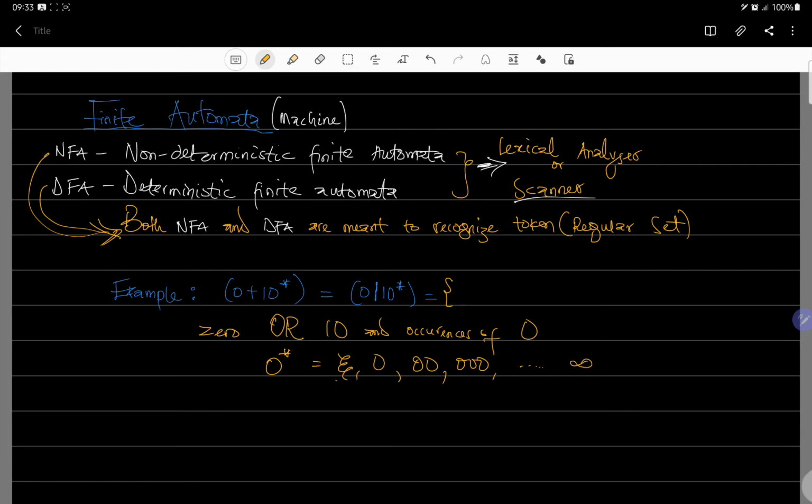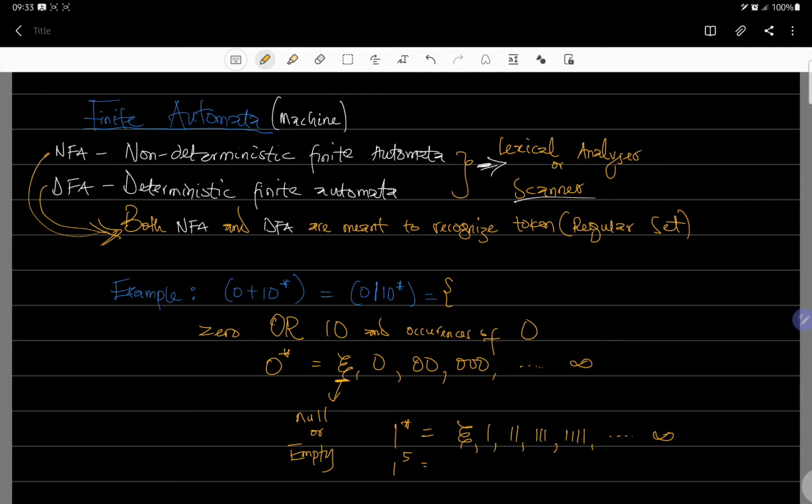So this is epsilon. Epsilon means null or empty. All right. So that's what asterisk means. Whenever you have asterisk, let's say 1 asterisk, it also means 1 might not occur at all, or 1 occurs once, or twice, or 3 times, or 4 times, and so on, except if they specially mention, let's say, 1 raised to power 5.